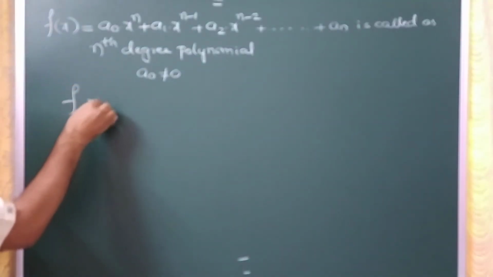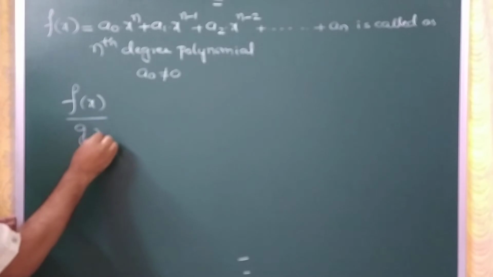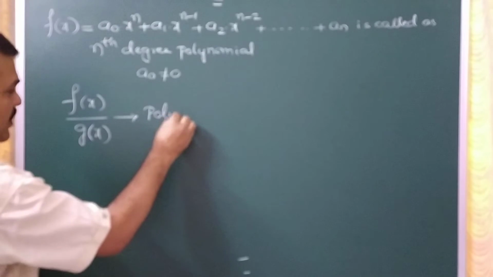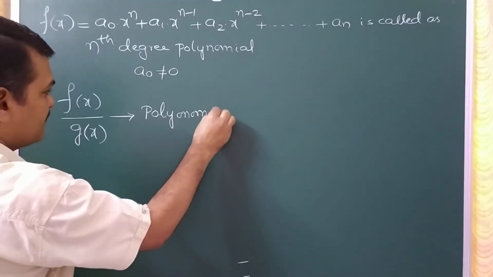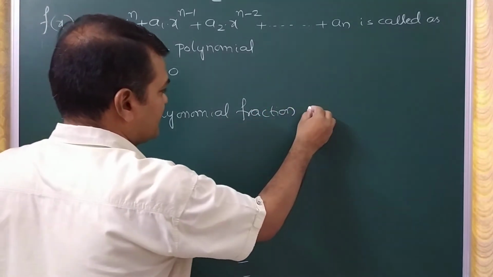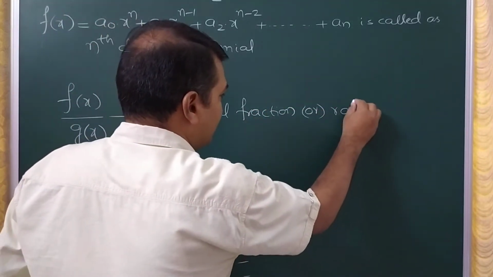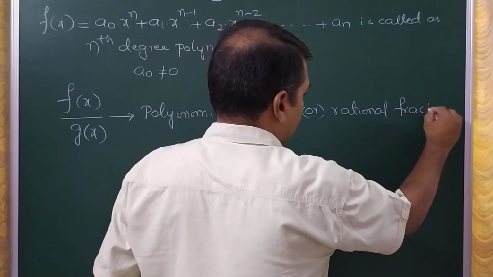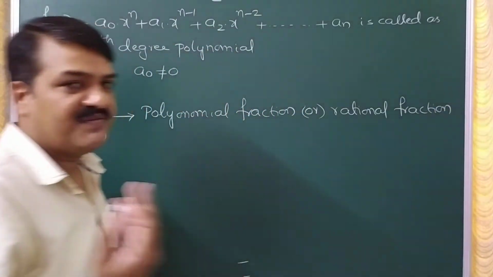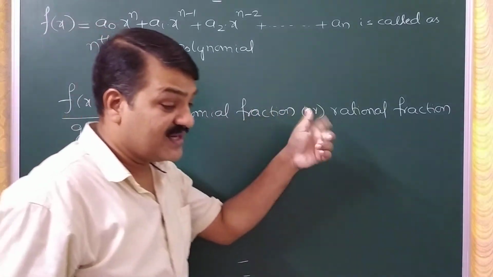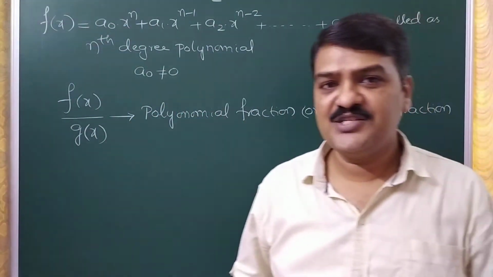Next. So if we take f of x by g of x, this is called a polynomial fraction, or rational fraction, or simply a fraction you can call it. So f of x by g of x, why is it called a rational fraction? Because you know what a rational number is?